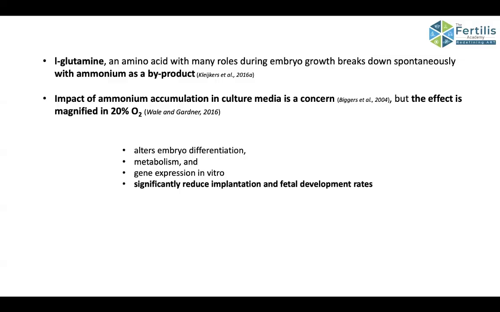So when ammonium accumulates in the culture media, it's a big concern, and the effect is magnified in incubators which are supporting 20% oxygen, or atmospheric oxygen, and hypoxic benchtop incubators or hypoxic incubators are able to minimize the effect of ammonia concentrations. So ammonia alters embryonic differentiation, it alters metabolism, it alters gene expression in vitro, and consistently and significantly reduces the implantation and fetal development rates.